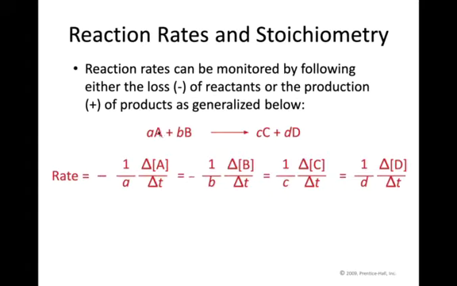If A is being used up at 2 moles per second, A is reacting with B, so B also must be being used up at 2 moles per second. C and D must be being produced at 2 moles per second. If the coefficients over here are 1 and the coefficients over here are 2, then A and B could be being used up at 2 moles per second, and C and D are being produced at 4 moles per second.